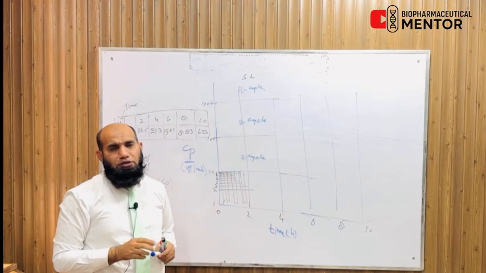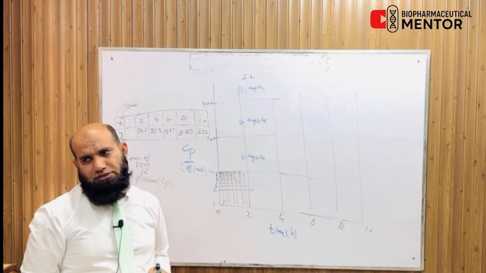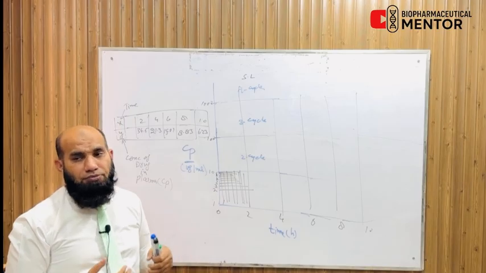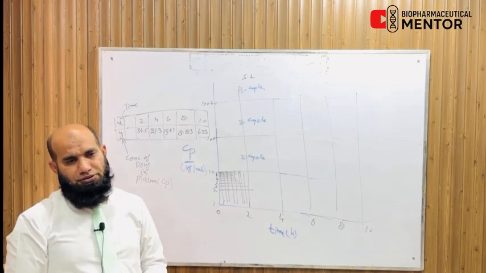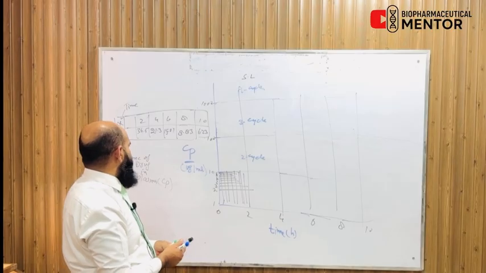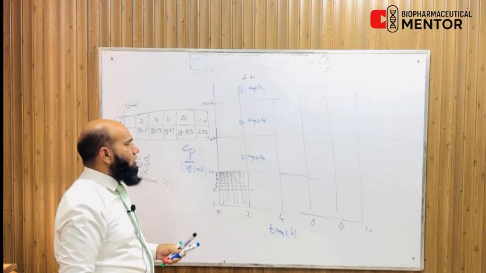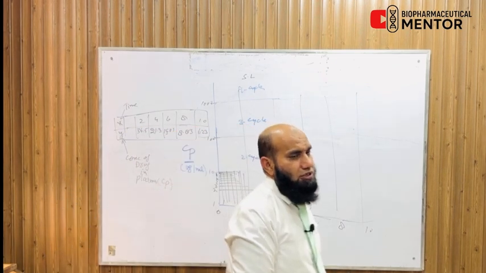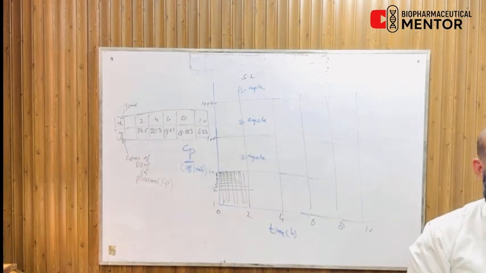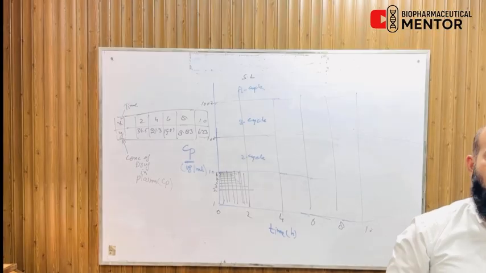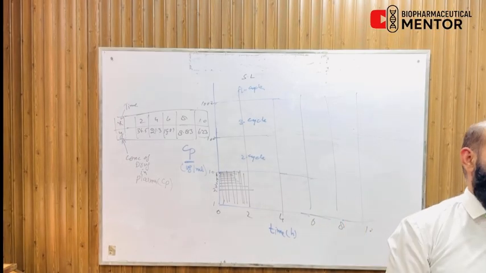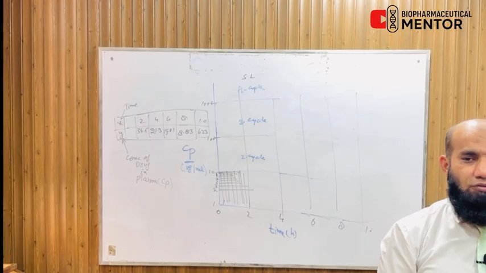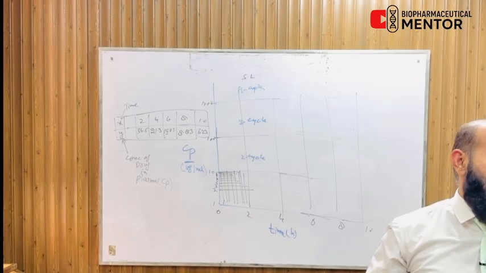But when we discuss the y-axis, first of all we will observe our minimum concentration and the maximum concentration. When we see the data, the minimum concentration is 6.23 and the maximum concentration is 34.5. So we can assume that this data is for the IV injection, because in case of IV injection, we have a decrease in the concentration with the passage of time, because only one process occurs, that process is elimination.